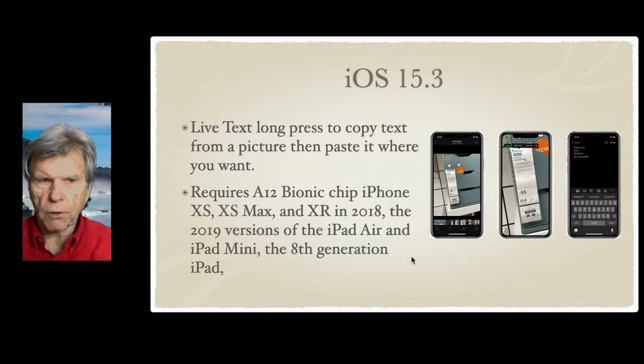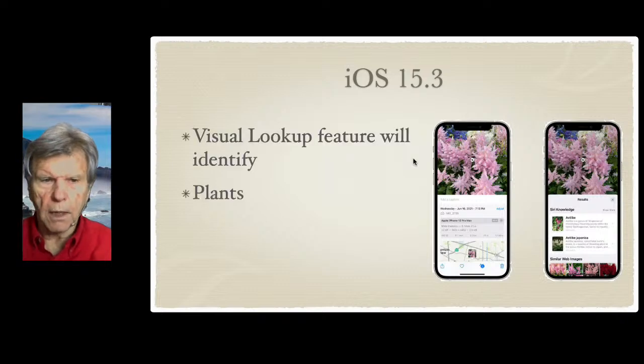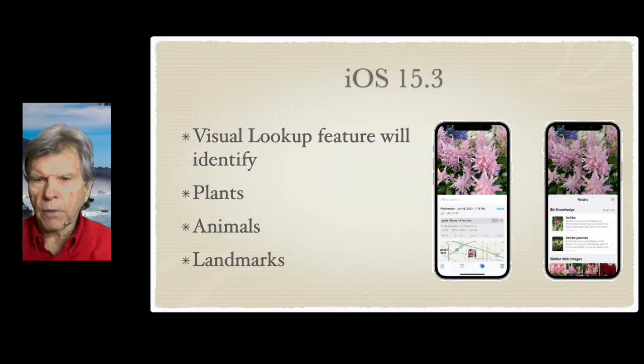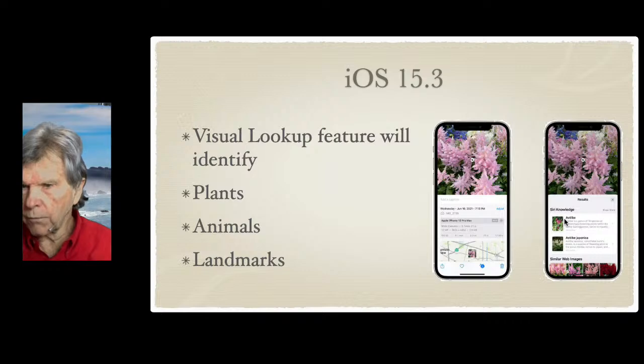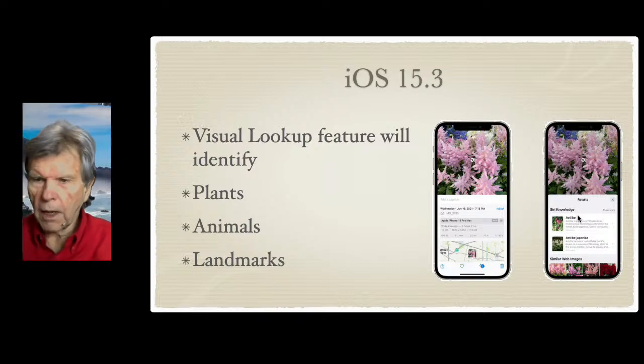There's something else you can do along these same lines, and that is if you have a picture of something, it could be a plant, an animal, or a landmark, and then you do a long press on that. You can see here in the right hand iPhone picture, it is trying to identify this as, I don't know how I pronounce that.